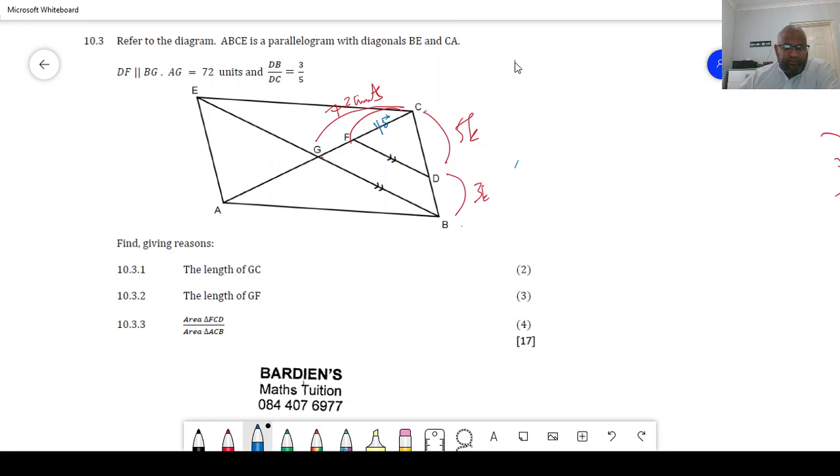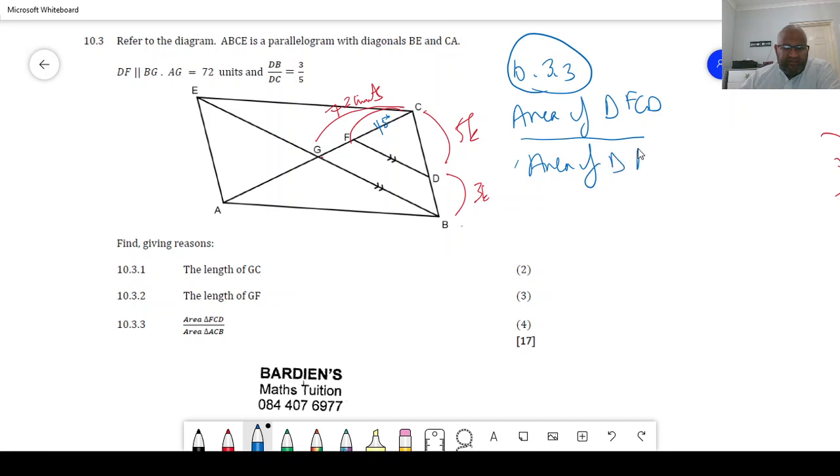So in question 10.3.3, it's a ratio question. We must calculate the area of triangle FCD over the area of triangle ACB.